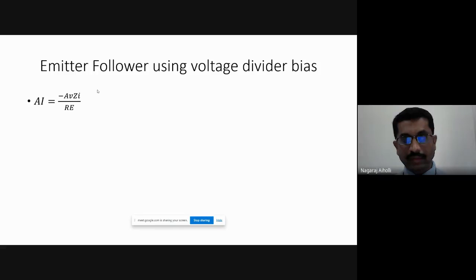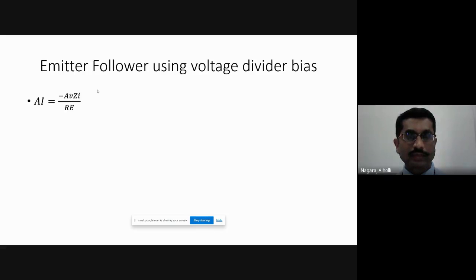Clear here, students? This emitter follower with voltage divider bias is clear. First, we have to know the difference between voltage divider bias and emitter follower with voltage divider bias. In voltage divider bias, what we are doing? We are taking the output from the collector terminal, whereas here we are taking the output from the emitter terminal.